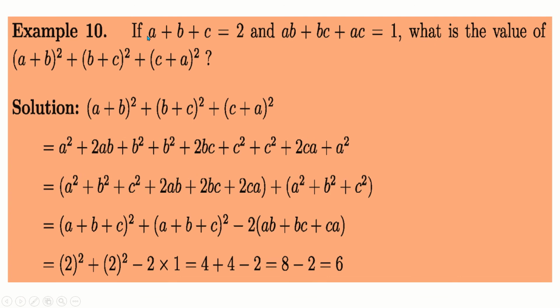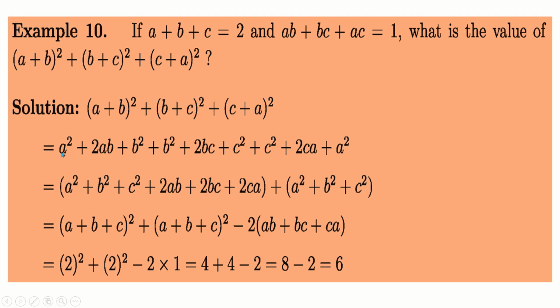Another example, 10 number. If a plus b plus c is equal to 2 and ab plus bc plus ac equal to 1, what is the value of this? We can write a square plus 2ab plus b square, and this equal to b square plus 2bc plus c square, this equal to c square plus 2ca plus a square.